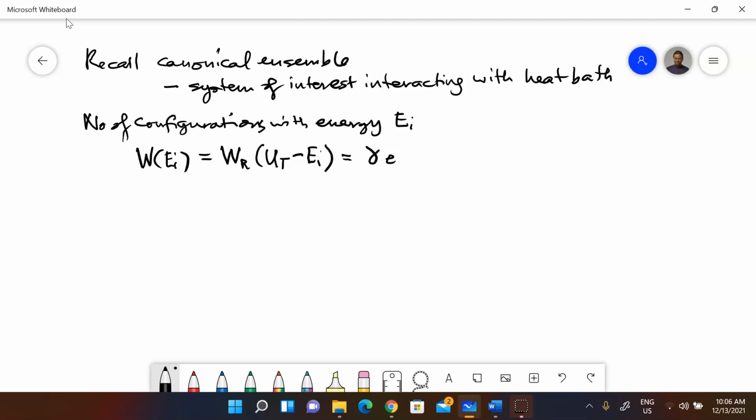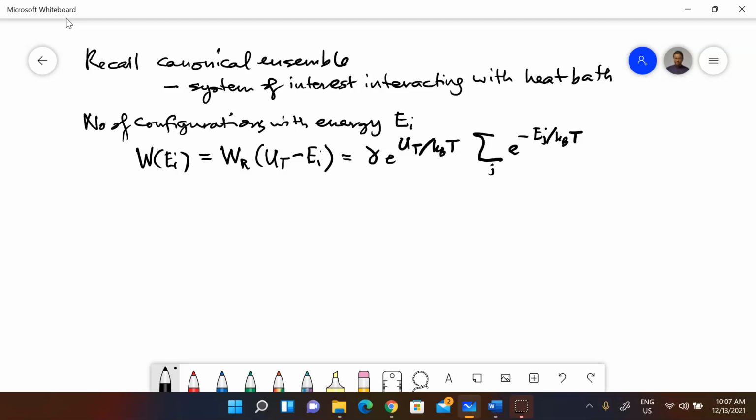Let me just check with the plus and minus sign. So that will be just e to the power U over k_B T times the sum of all possible different energy levels for your system.